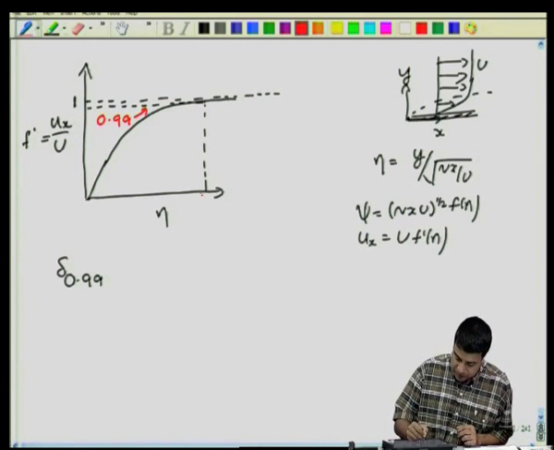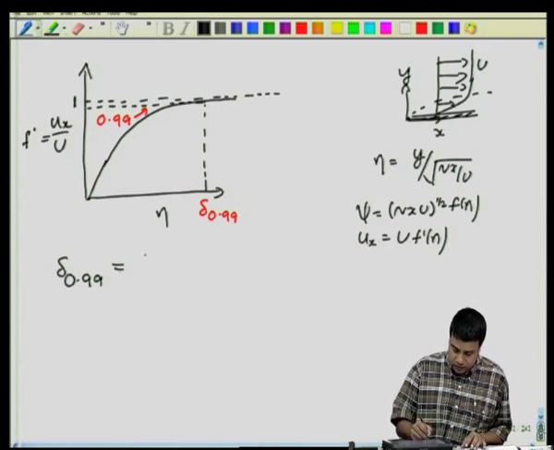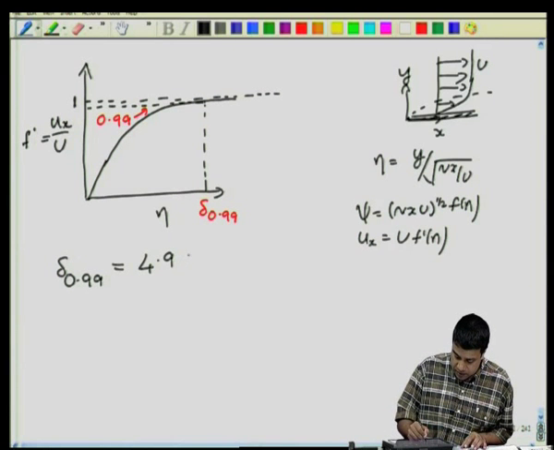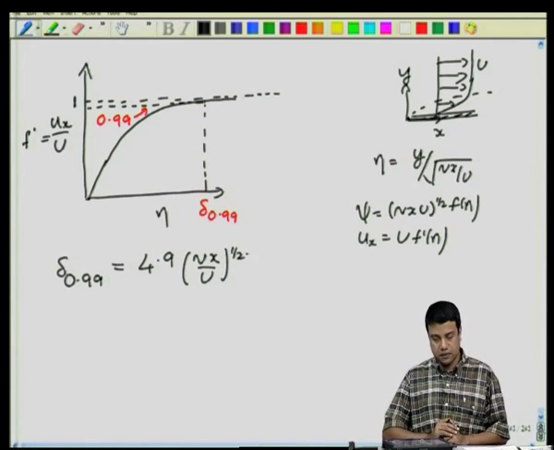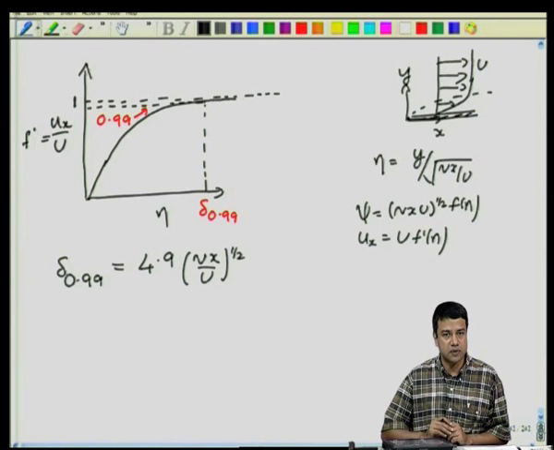So, delta 0.99, and the numerical solution will tell you that this is equal to 4.9 times (nu x by U) to the power half. So, that is the boundary layer thickness. 4.9 times (nu x by U) to the power half is the distance at which the velocity approaches 99% of its free stream value.